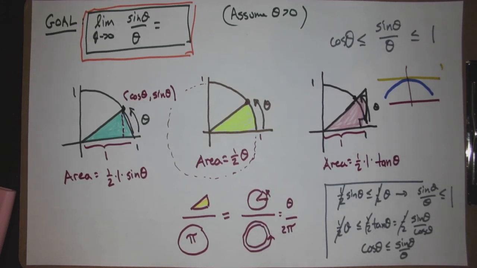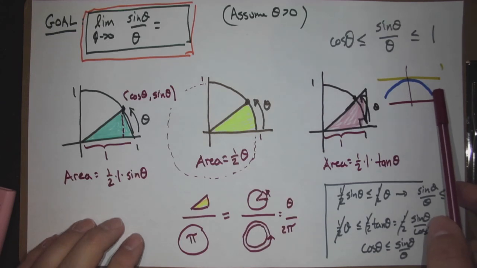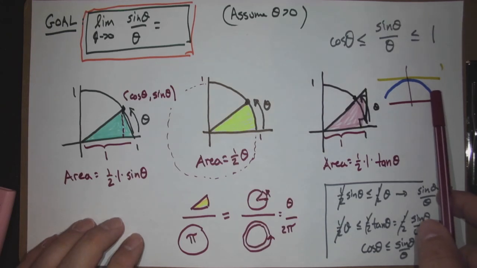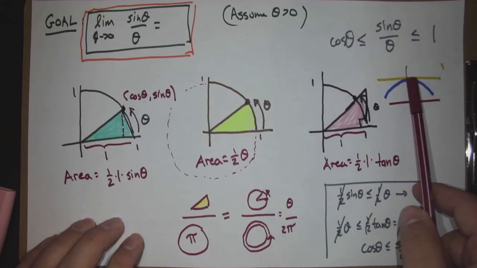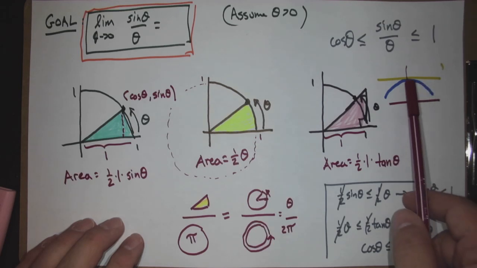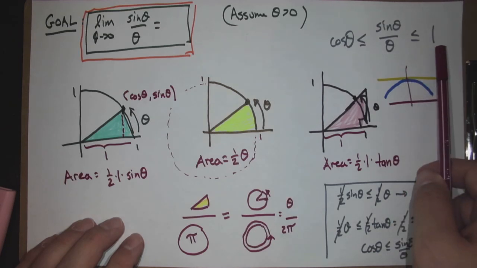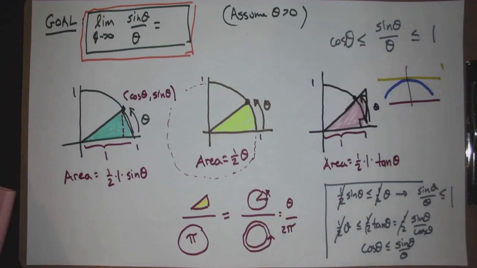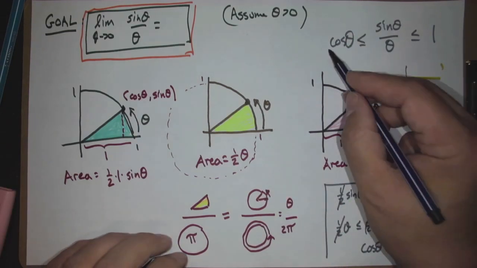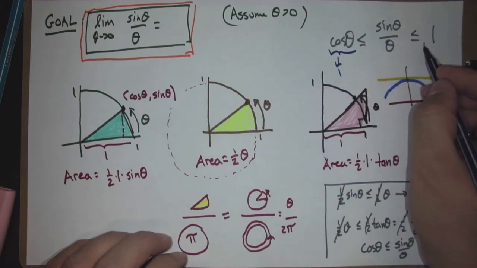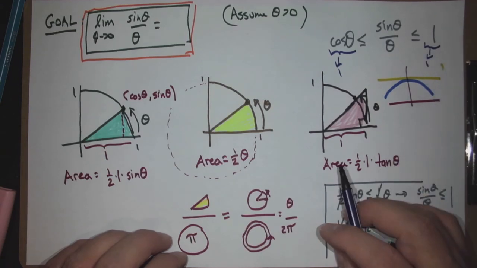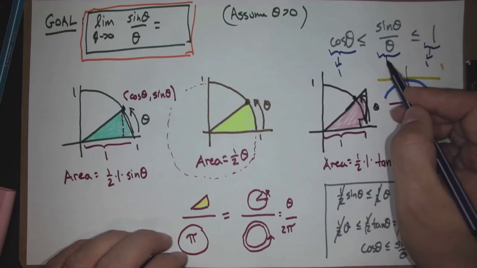Well, sine theta over theta has to go in between. So, if 1 goes to 1, what happens to cosine theta? Goes to 1. So this goes to 1, and this goes to 1. So what has to happen to the thing in the middle? It also goes to 1.